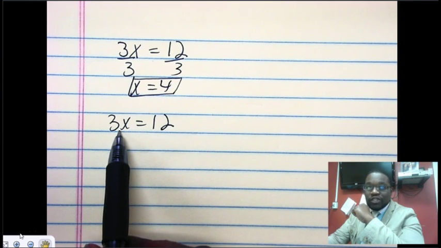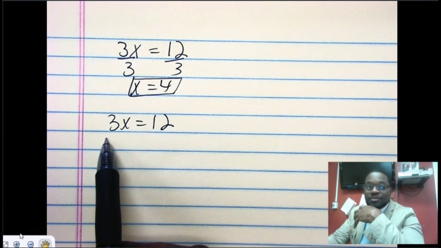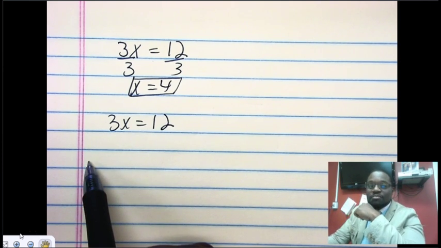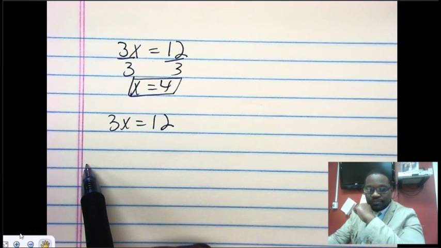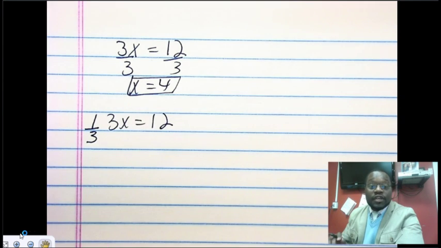And the way you undo multiplication is with its inverse. In fact, it's the multiplicative inverse. And so that's where you would multiply by 1/3.